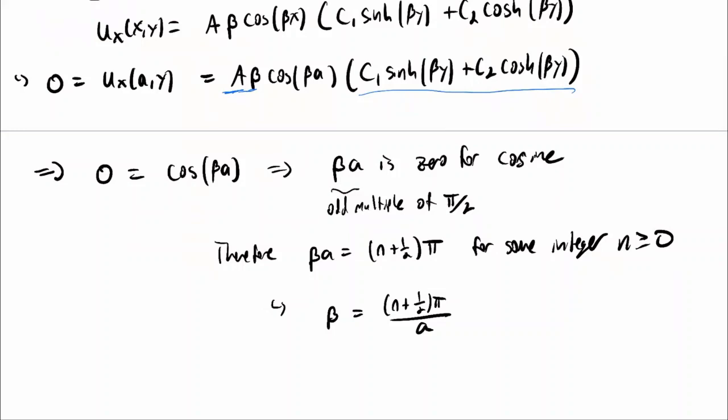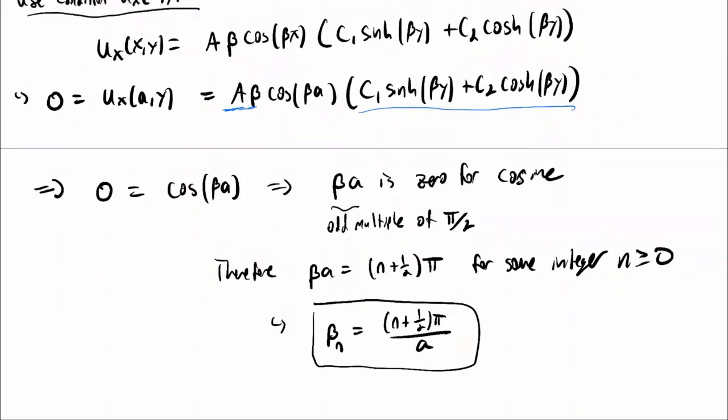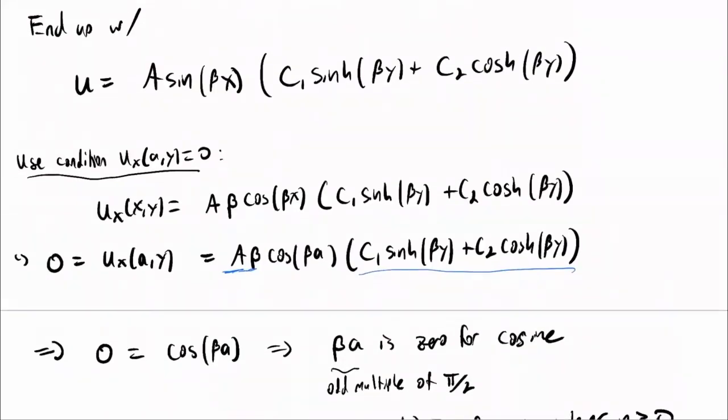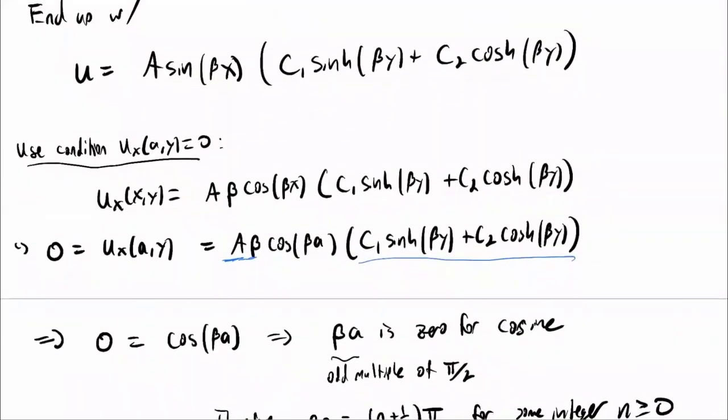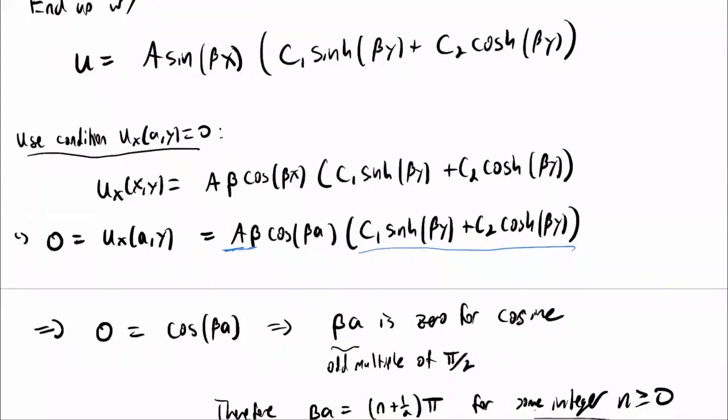And so since this works for each such integer, let me just index beta by the integers and define beta_n to be this quantity. And so this works for each integer. Now going back to our candidate for a solution, we've simplified it further in the sense that we know what beta should be.